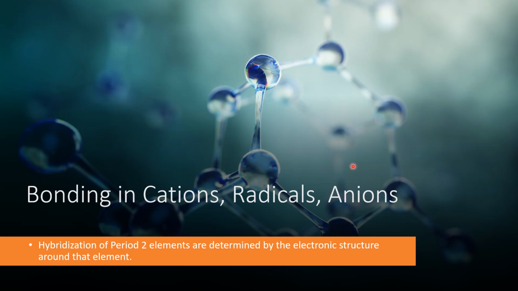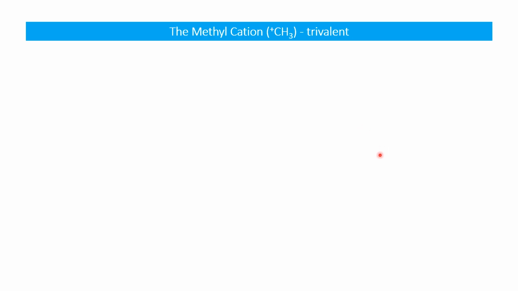And do not ignore the fact that carbon and other atoms present in these molecules can exist as cations, they can exist as radicals, and they can exist as anions. We will look at carbon, and we'll look at the simplest species of carbon, i.e. that of the methyl cation. Methyl cation, of course, is trivalent.